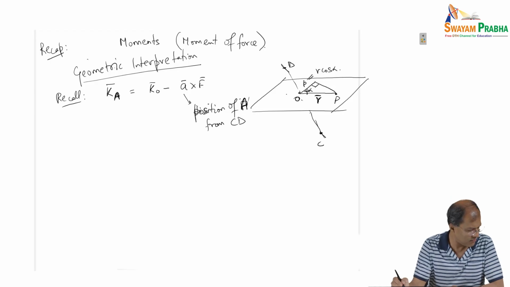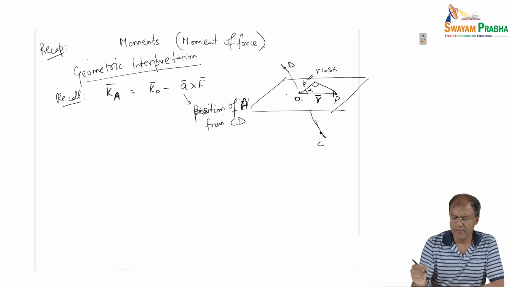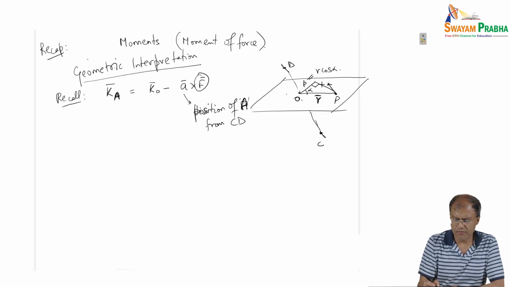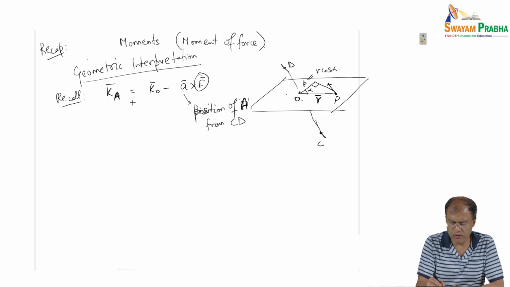Then we have the force acting on the particle. This force is trying to push the particle or allow it to rotate about the axis. So this is the formula for Ka.